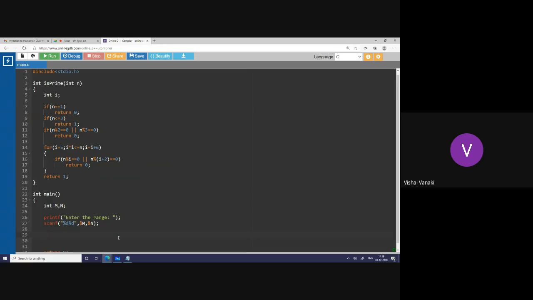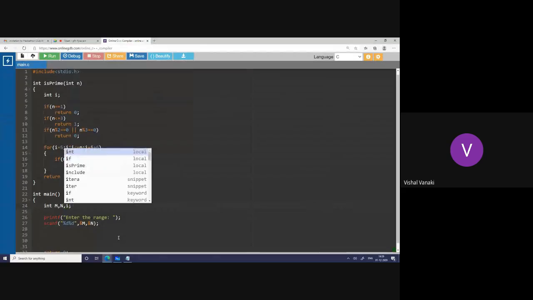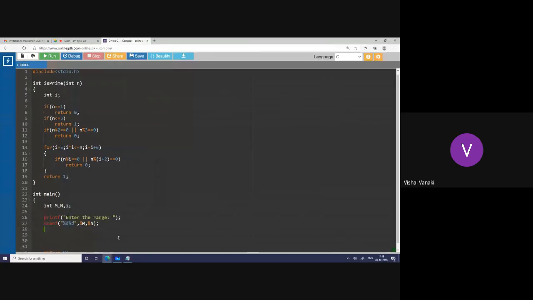Okay. Now, once I get the range, I will take one for loop. For that, I need one i variable for the loop iteration. For loop, i equal to m, semicolon, i less than or equal to n, semicolon, i plus plus.